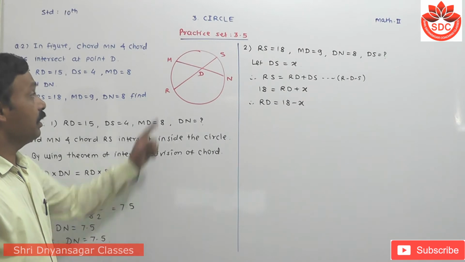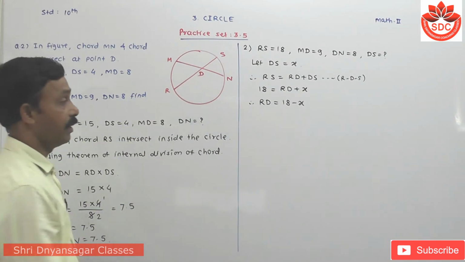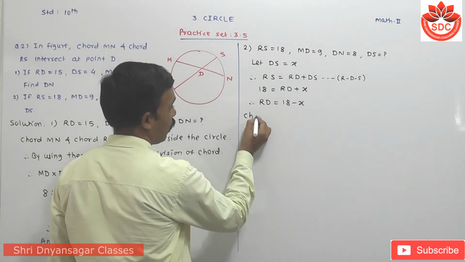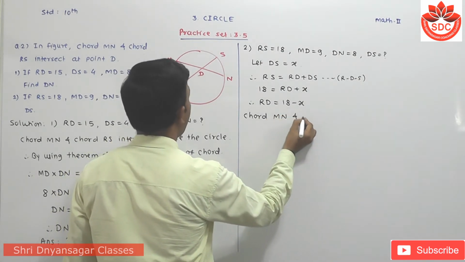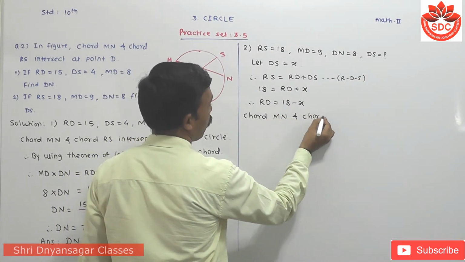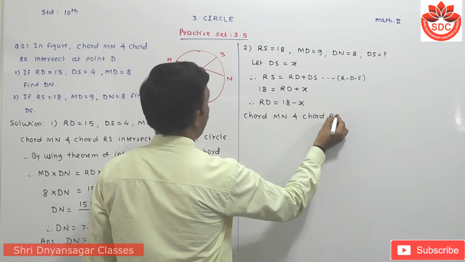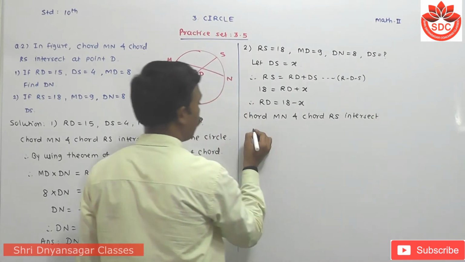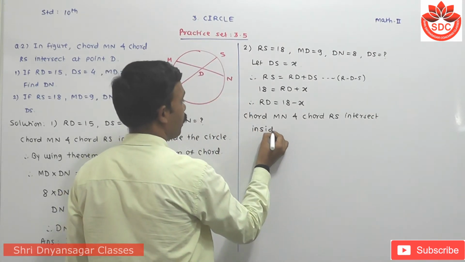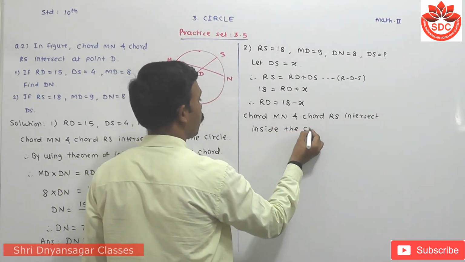Then here the chords intersect inside. So chord MN and chord RS intersect inside the circle.